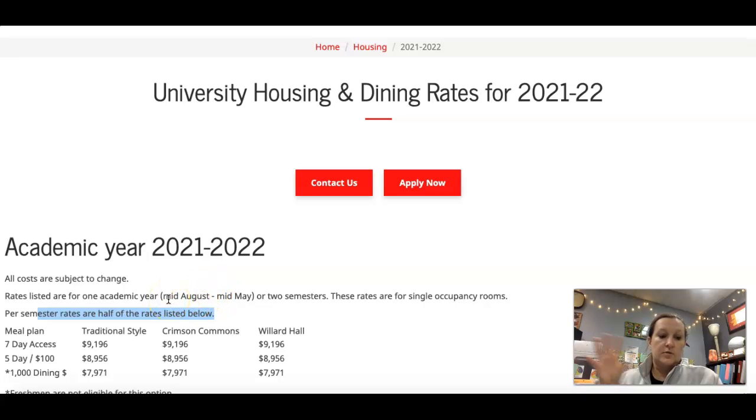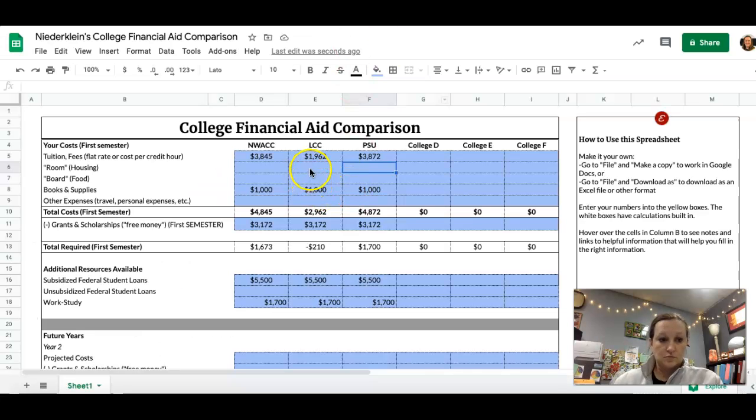So per semester plans are half that rate. So if you did, let's say for room and board together, an even $5,000, okay? And let's just include the same thing on each one, just so we have a baseline.